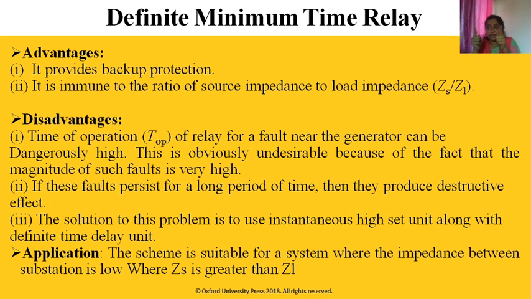If the difference between two substations is less, definitely fault near to the substation and fault away from the substation have approximately the same value. So in that case, that drawback can be solved. So this relay is used where the difference between substations is low or minimum.